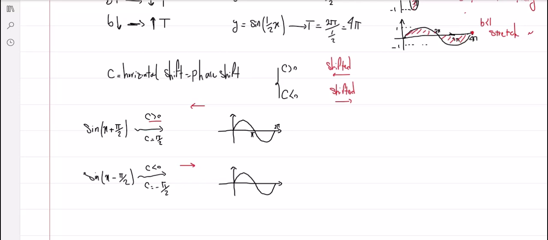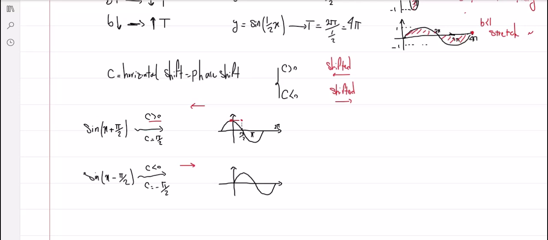If we want to shift this to the left by pi over 2, we just take this function and shift it by pi over 2, which will get us to this point. If you move each of the initial points by pi over 2, you get to this point. The first peak was like this, then it moved by pi over 2 to this side.